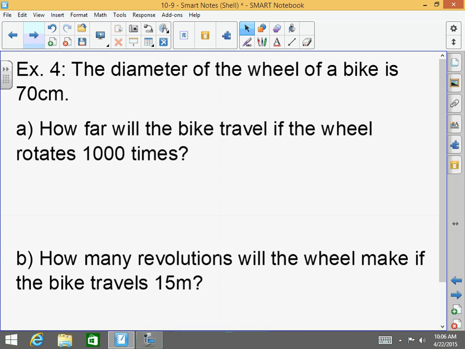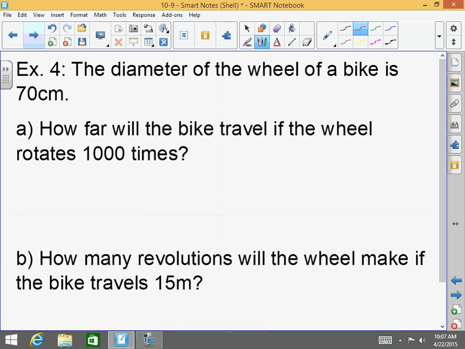The diameter of a wheel of a bike is 70 centimeters. How far will the bike travel if the wheel rotates 1,000 times? Well, think about it. Every rotation of the wheel means that it went one full time around that whole circle.